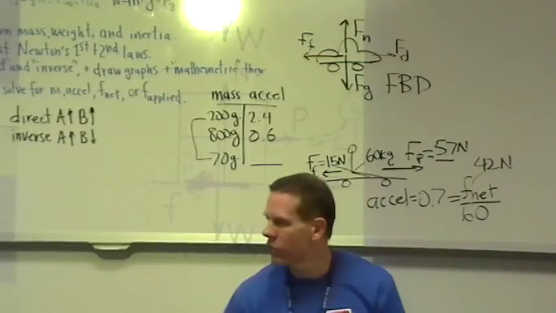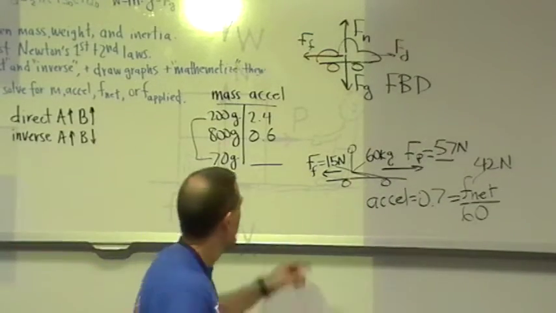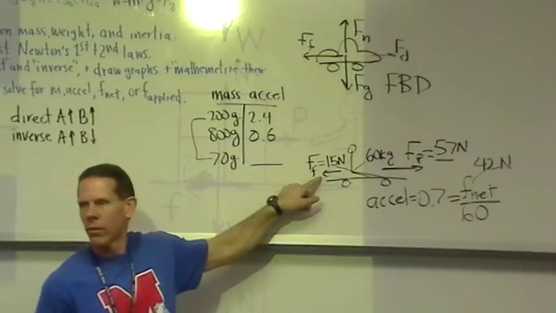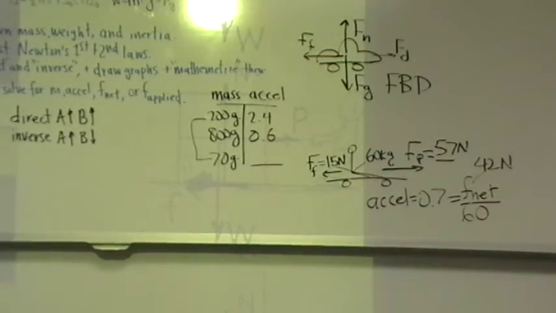There's only one more thing I need to show you to make sure that you're successful in the lab. And that is, don't use 15 newtons as a frictional force. I doubt yours is going to be 15. How do you do this? I'll say this 3 times in a row, and then I won't answer this question during the lab, okay? I got tired of answering it first hour.